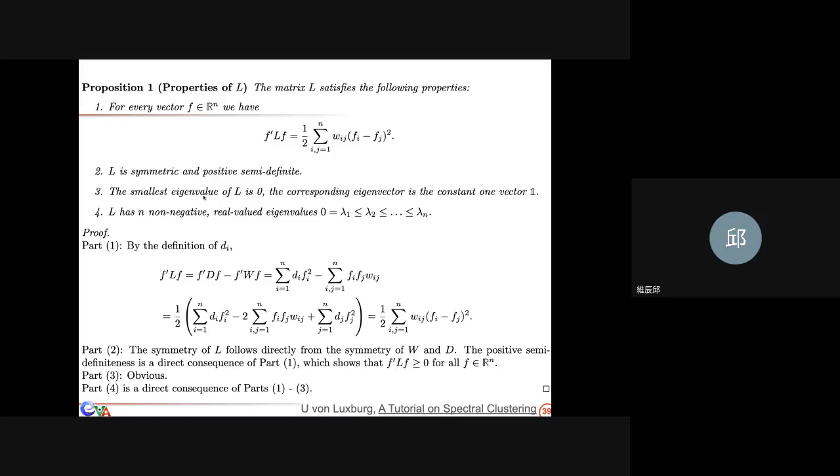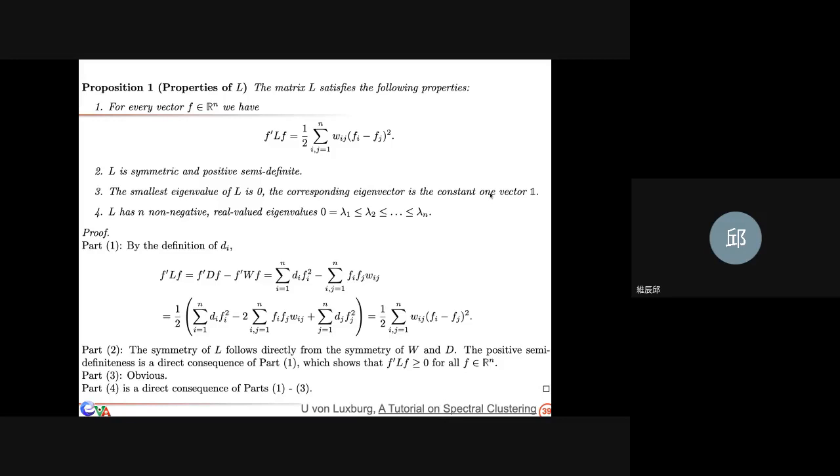And the smallest eigenvalue of L is 0, and the corresponding eigenvector is the constant 1 vector. This is also easy to understand.